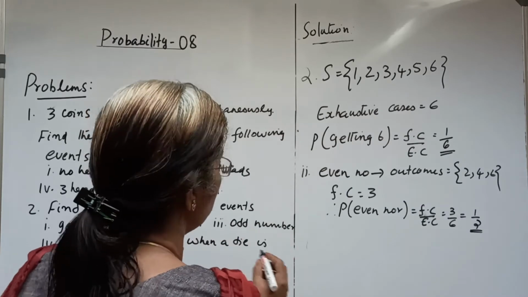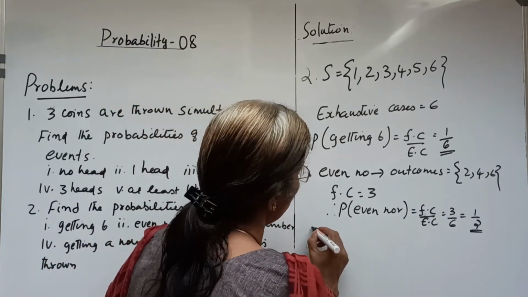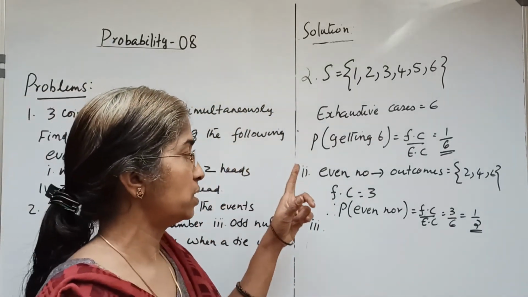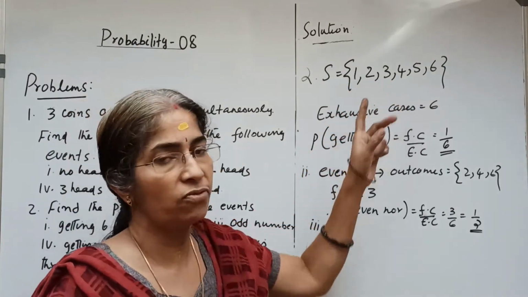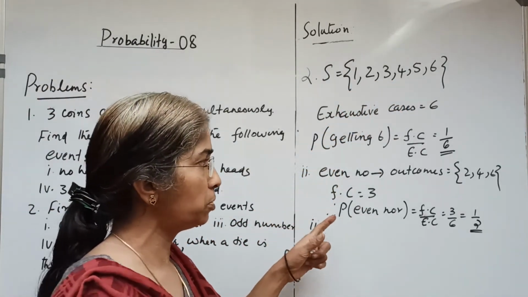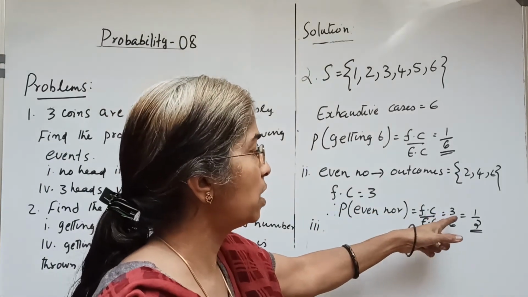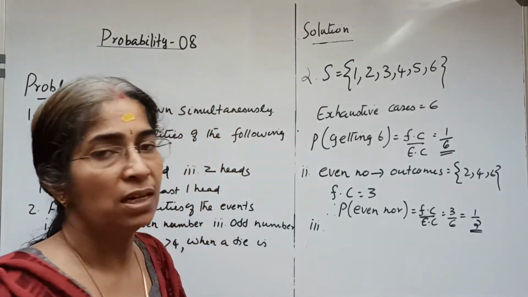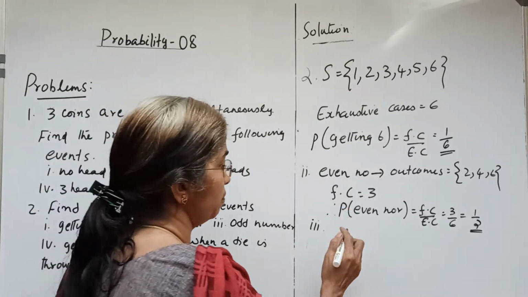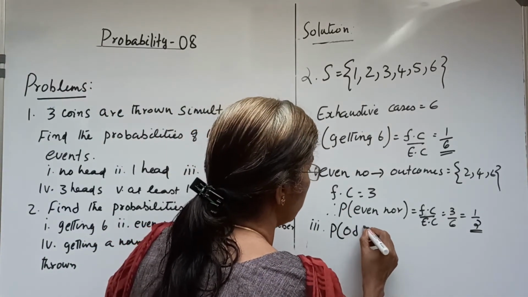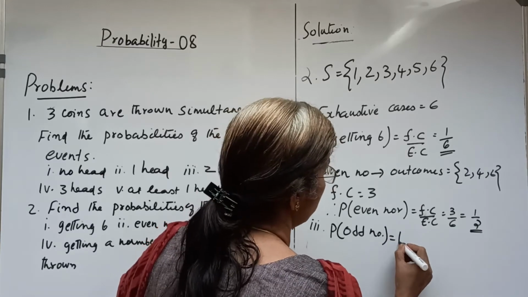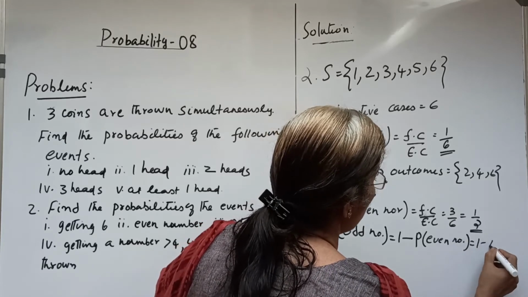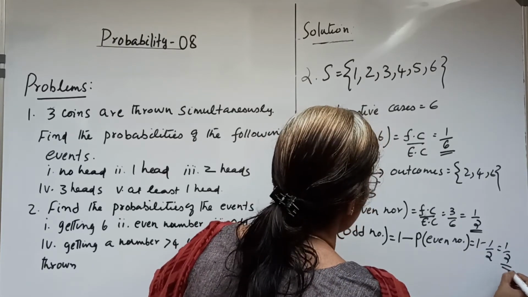Now we consider the other one, odd number. Again we can do this problem using two methods. Odd number means either 1, 3 or 5. So favorable cases equal to 3 and hence probability equals 3 by 6, equal to 1 by 2. Or we can obtain this probability as 1 minus P of even number. Probability of odd number can be obtained directly as 1 minus probability of even number, so equal to 1 minus 1 by 2, equal to 1 by 2.